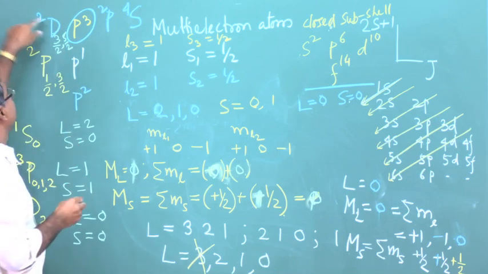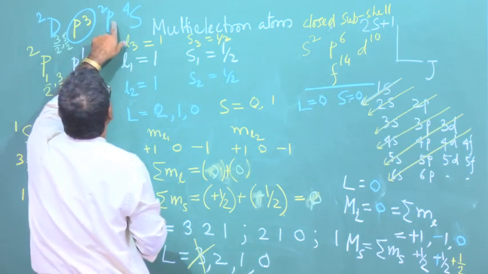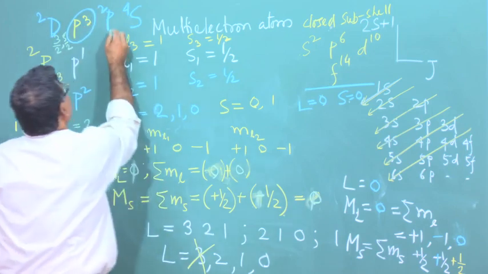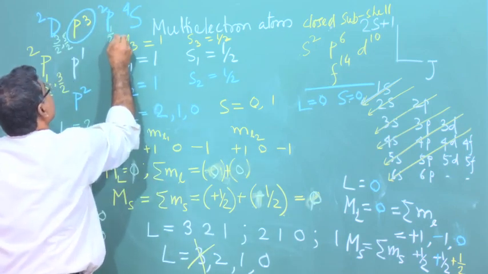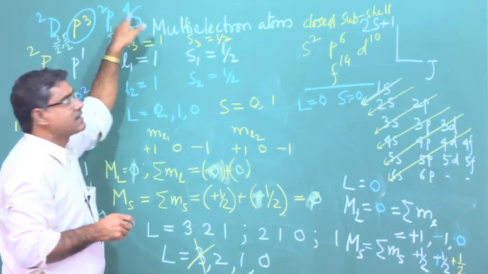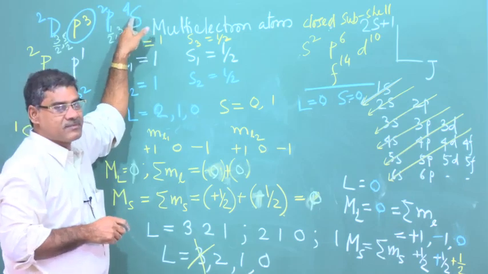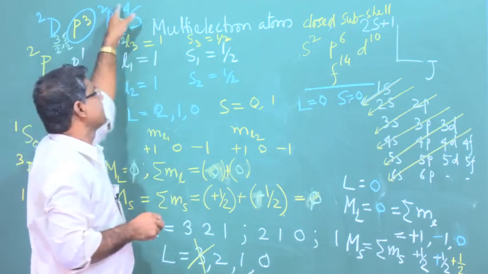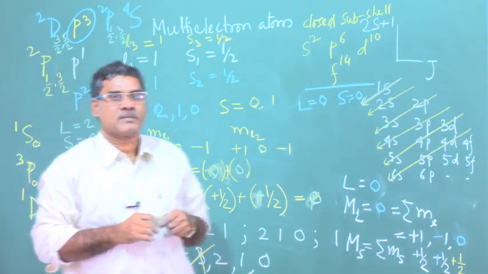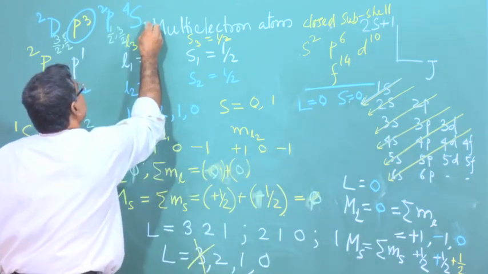You see, multiplicity 2 again, it is 2. And for P it is 1, and S half, so it will be half and 3 by 2. And for S, L is 0 and S is 3 by 2, that means this J will be 3 by 2.